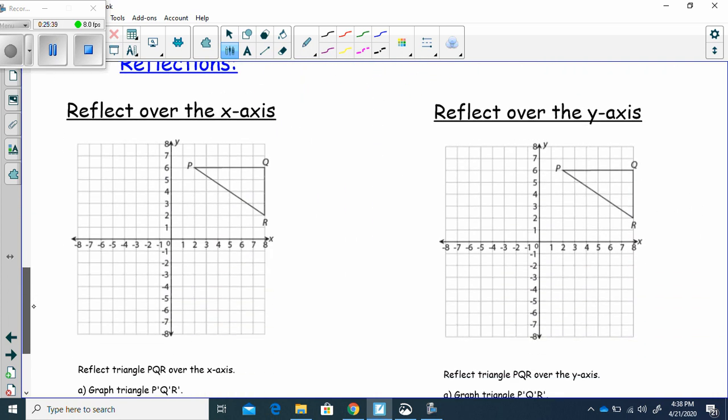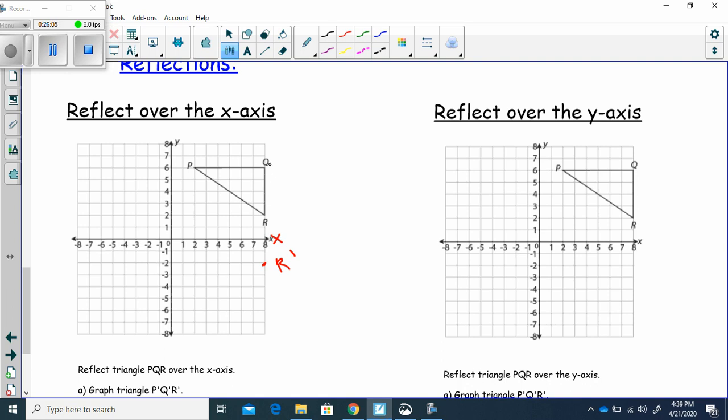Now, reflection. What if we reflect over the x-axis? It means you look at your x-axis and you're trying to figure out how many spaces you are away from the line of reflection, which is your x-axis. In this case, I'm 2 points away from it, so your r prime is going to be right here, 2 points on the other side. You could fold the paper over the x-axis too and get the same results.